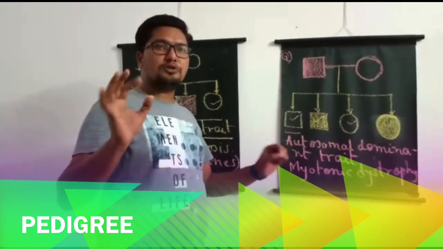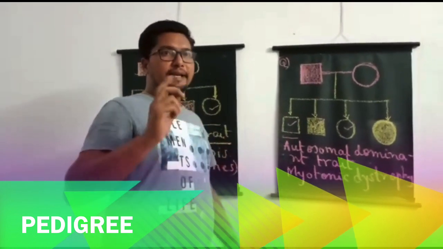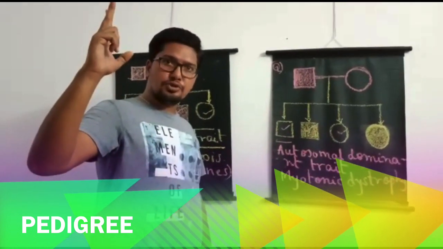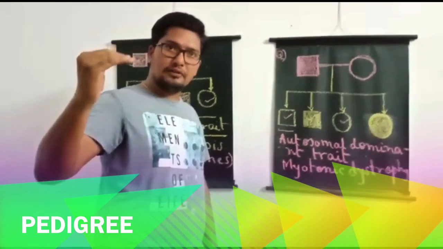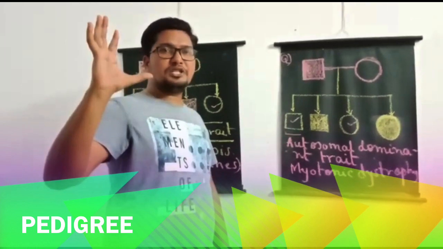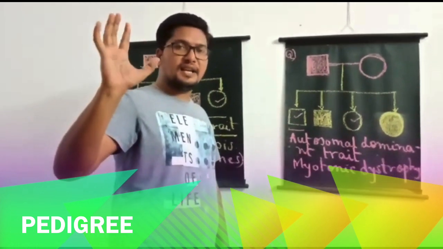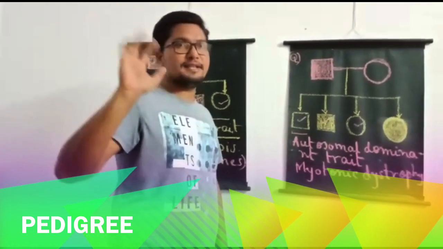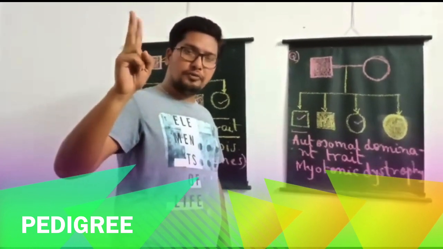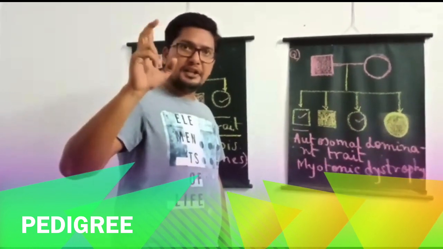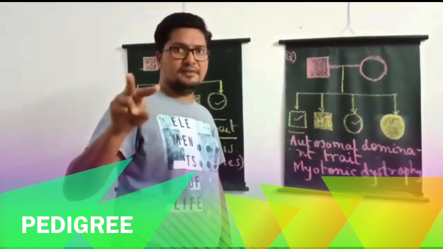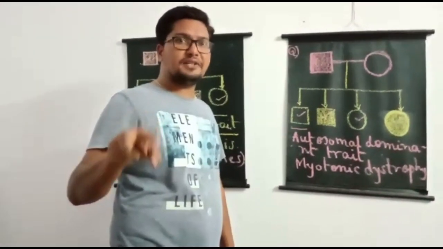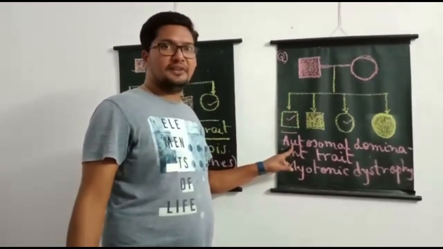So simply I want students to remember, when both parents are shown normal and in the very next generation, if 50% of the children are affected, such type of pedigree charts indicates inheritance of autosomal recessive trait. If out of the 2 parents, 1 parent is shown affected and 50% of the children are shown affected, such type of pedigree charts indicates autosomal dominant traits.